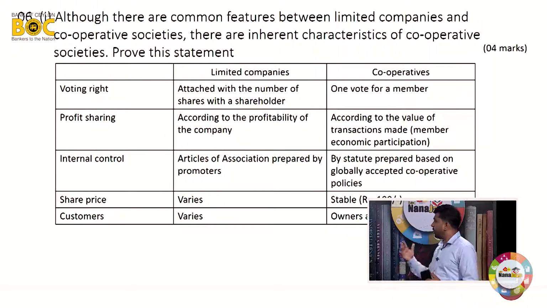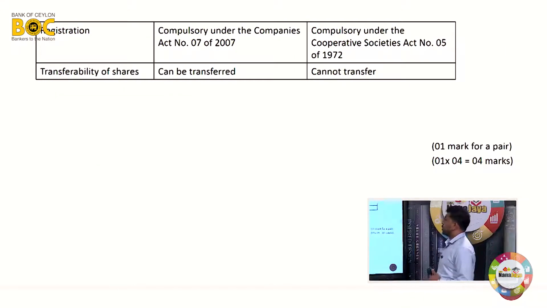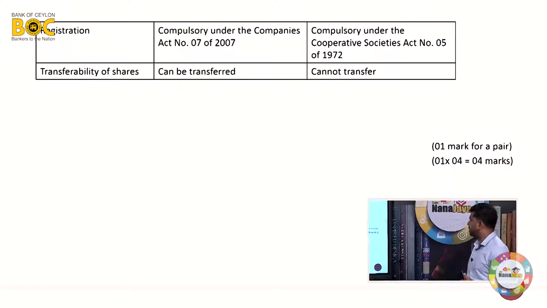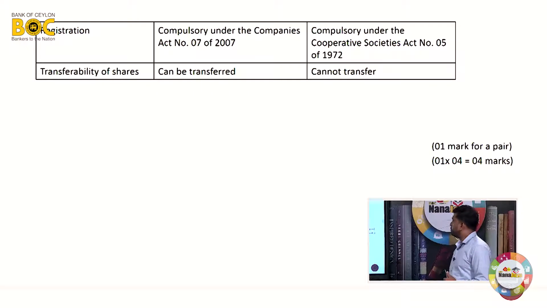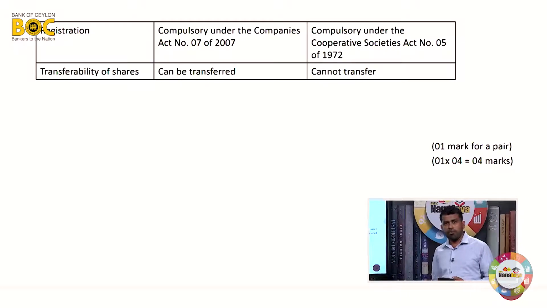Customers in limited companies vary, but owners or the members are the customers in cooperative societies. Registration should be done according to the Companies Act number 7 of 2007 in relation to limited companies, but in cooperative societies, that should be done under the Cooperative Societies Act number 5 of 1972.